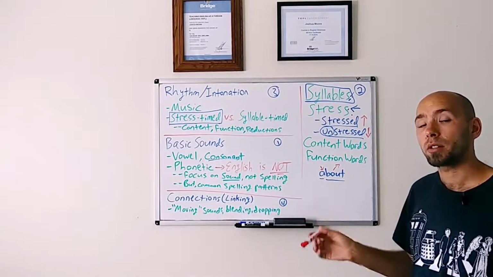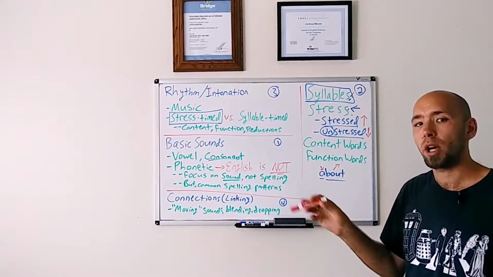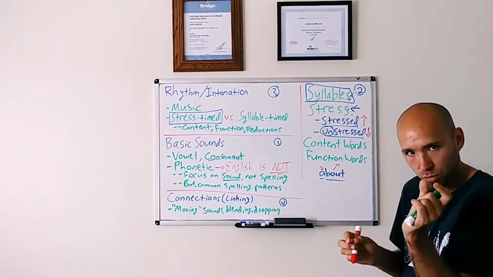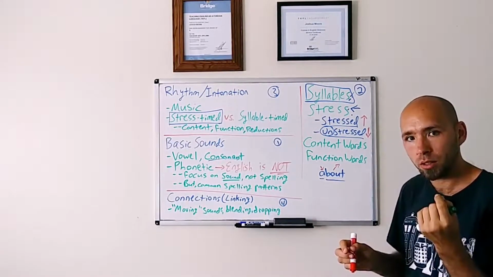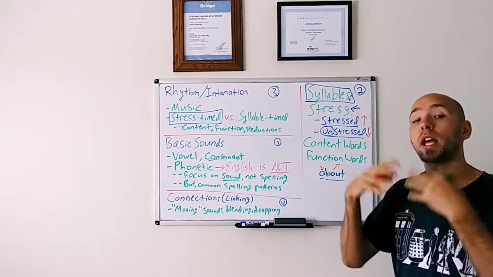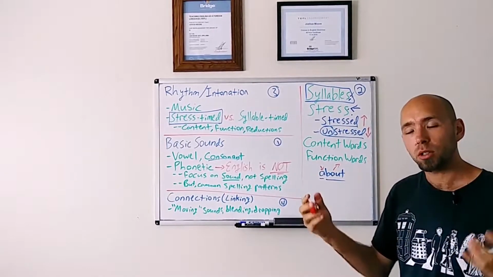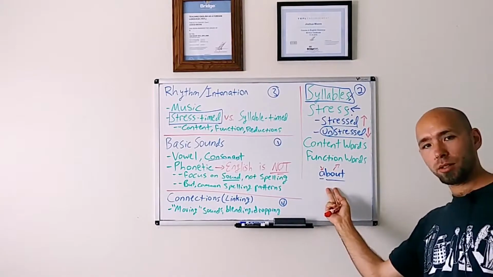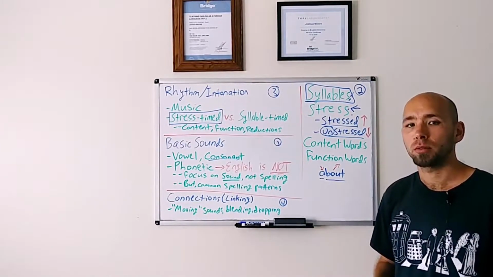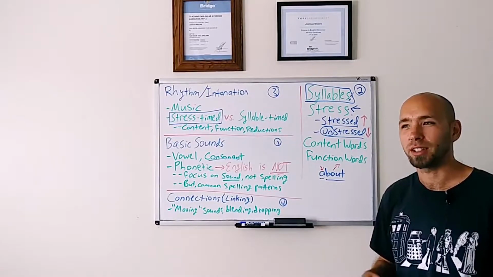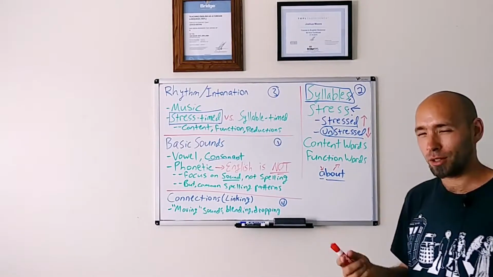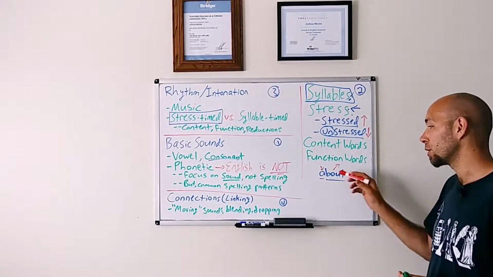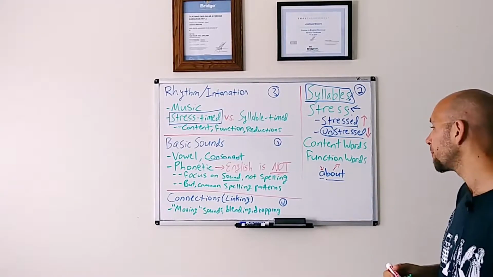And you can hear that, about. So the a is very small and short and fast, and bout is louder, longer, higher pitch, bout. If we try to switch this, it would be about. That is pretty much not understandable in English, which is one reason this is so important.